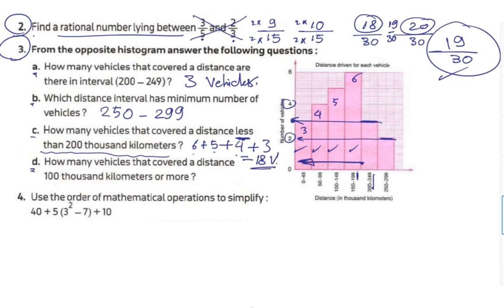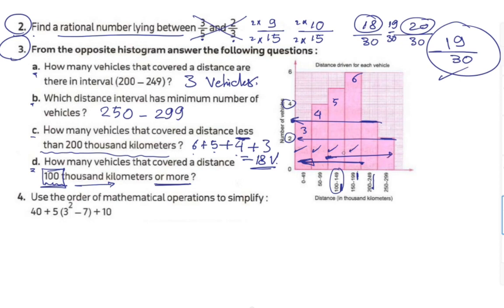Last point, how many vehicles covered a distance of 100,000 kilometers or more? He asked us 100 or more. So I will start with 100 and go to the right. Where is 100? I have 100 here. So I will start from this interval and go to the right.